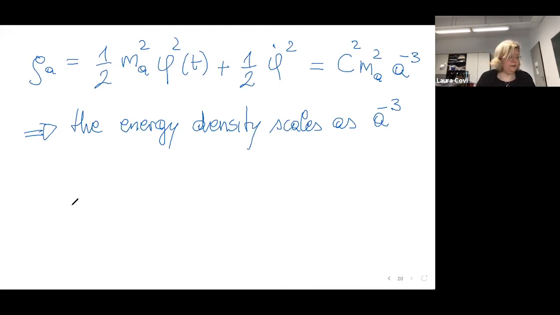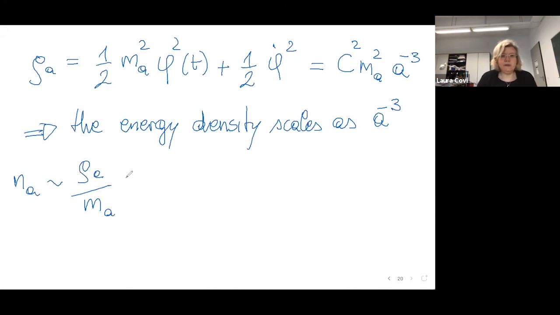If you want to interpret it as a number of particles, you can estimate the number of particles by dividing rho_a by the mass. So this would be more or less the number of particles, since it is non-relativistic, so you don't have any momentum.